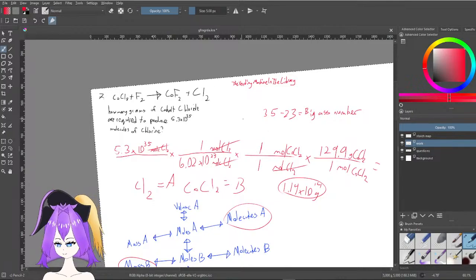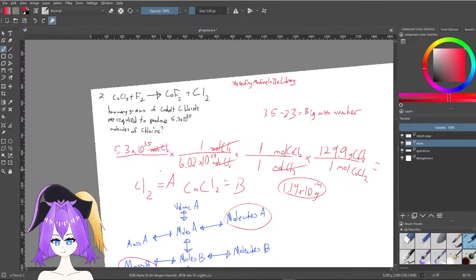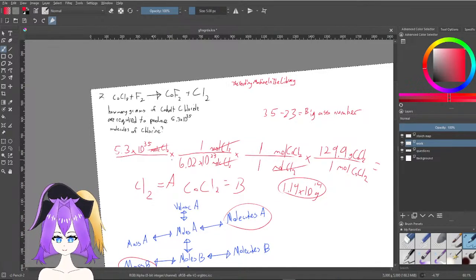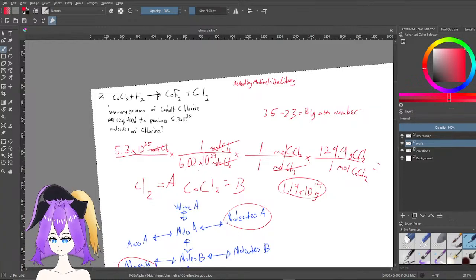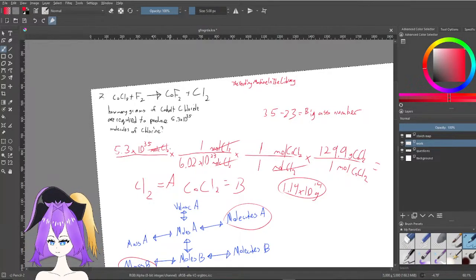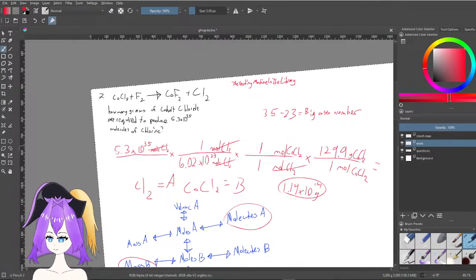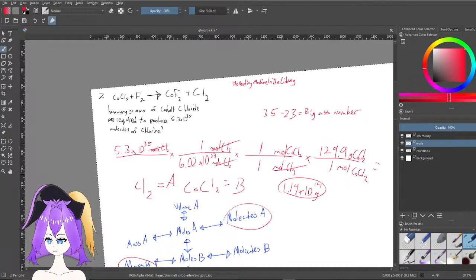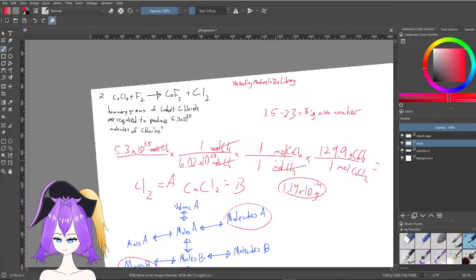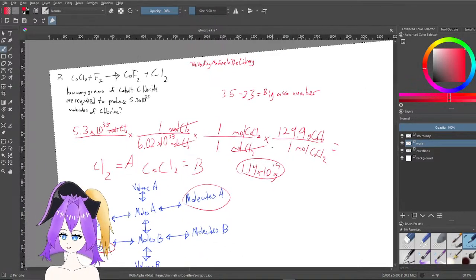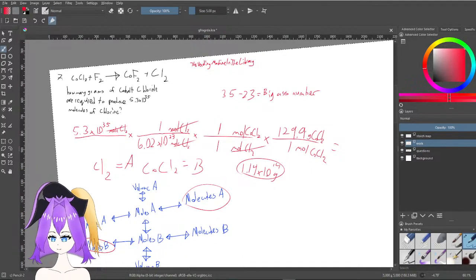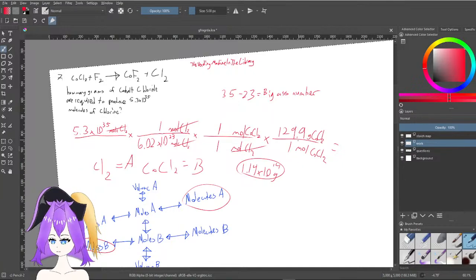When you divide scientific numbers, you subtract the exponents, right? So even if I do this, I still end up with like 14 or something. And then I also have to multiply it by 129.9 because I'm converting it back to grams. This is weird.